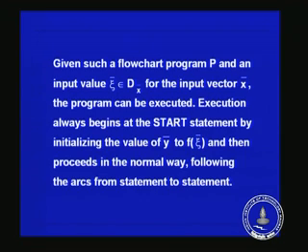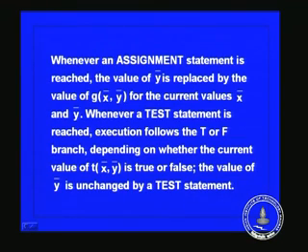By initializing the value of y bar to f of psi bar, it then proceeds in the normal way, following the arcs from statement to statement. Whenever an assignment statement is reached, the value of y bar is replaced by the value of g of x bar y bar for the current values of x bar and y bar. That is what I mentioned to you.